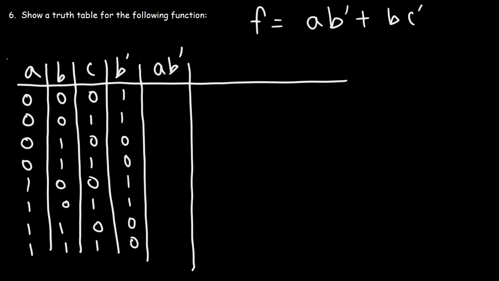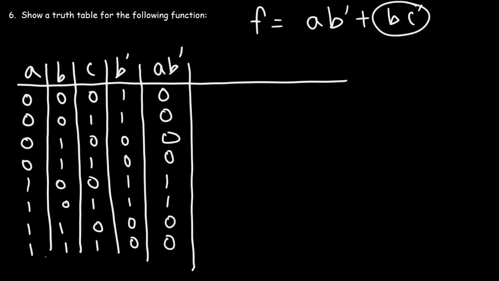So we're going to take column a and multiply it by column b prime. So 0 times 1 is 0, and 0 times 0 will be 0. 1 times 1 is 1, and 1 times 0 is 0.